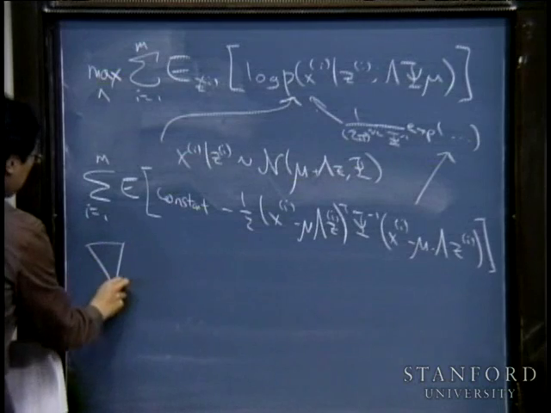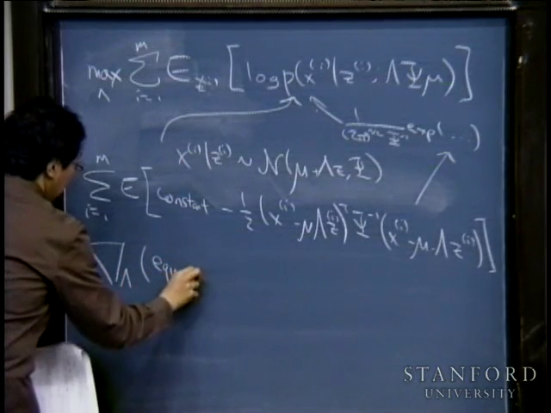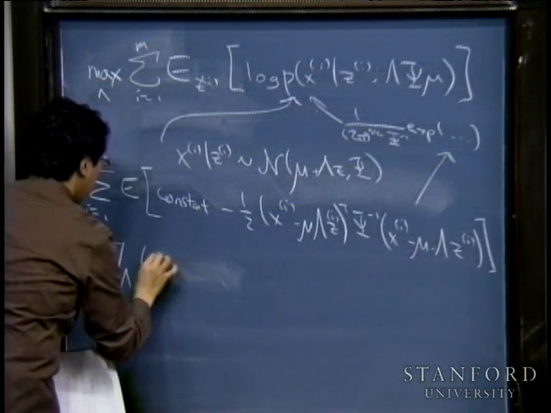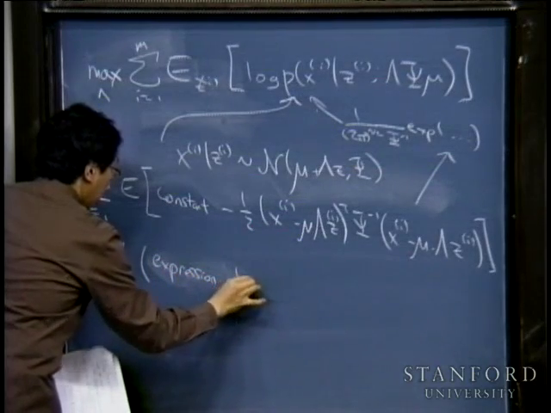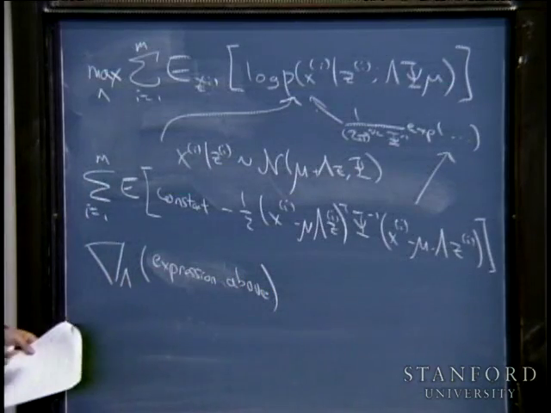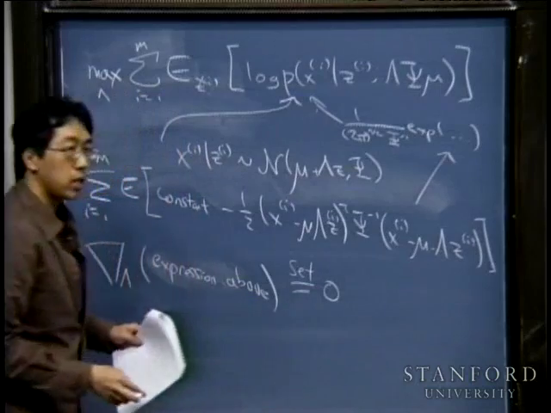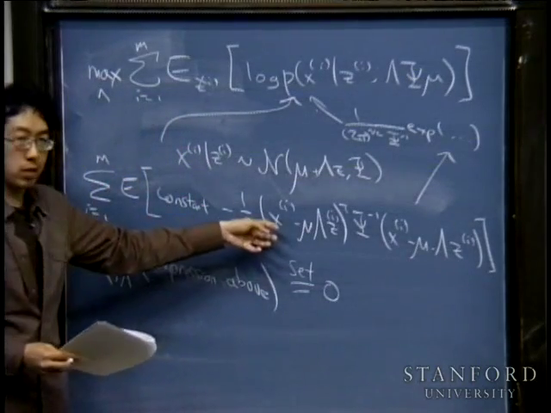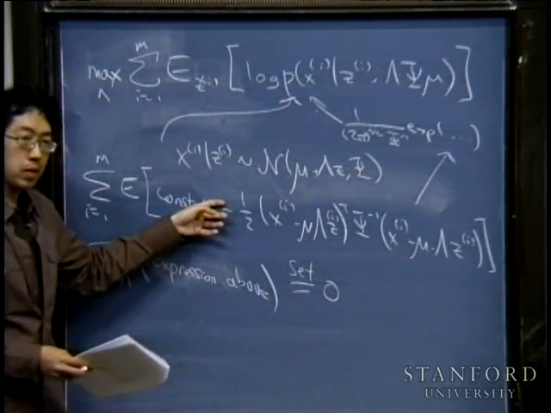And so if you take the derivative of the expression above with respect to the matrix lambda and set that to 0, because we want to maximize this expression with respect to the parameters lambda, you take the derivative of this with respect to lambda.